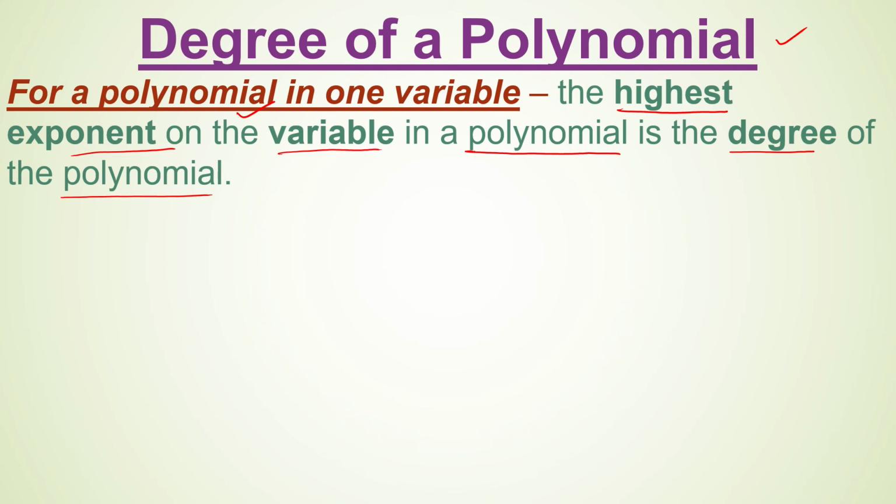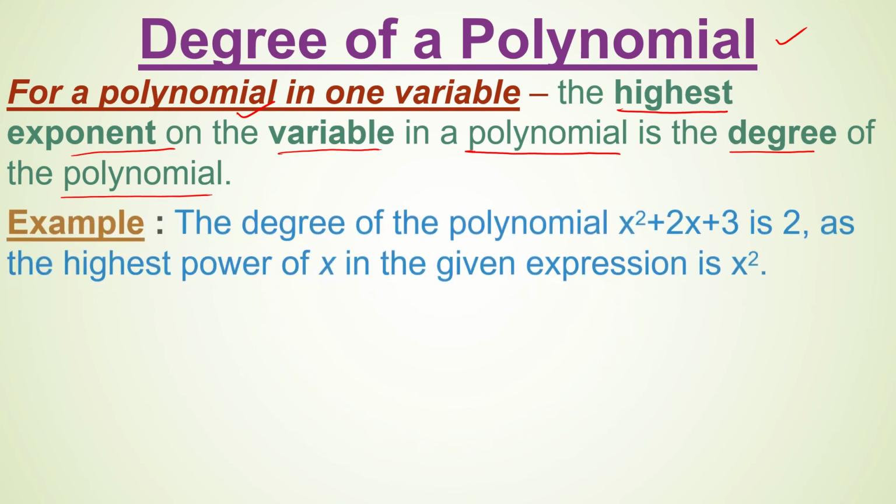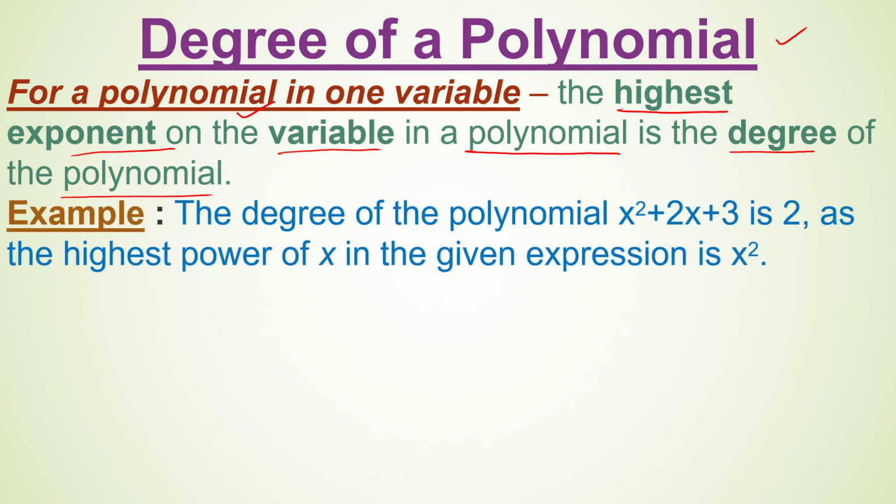So the highest power of the variable in a polynomial of one variable is called the degree. For example, the degree of the polynomial x square plus 2x plus 3 is 2, since the highest power of x is 2.